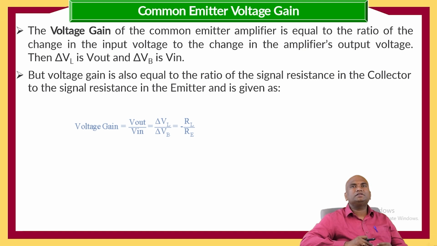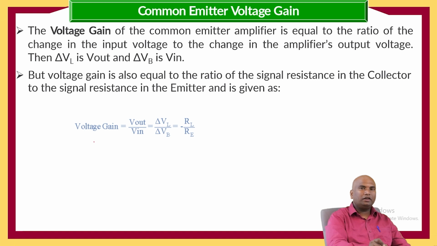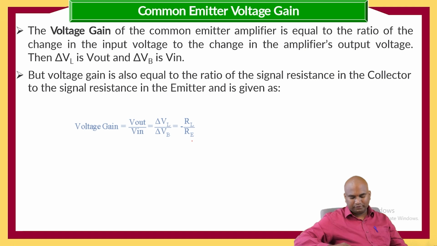So the voltage gain is V output by V input, that is delta VL by delta VB, which is equal to minus RL by RE.